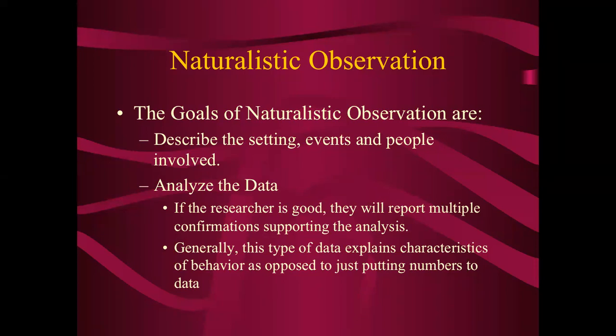Now, naturalistic observation is another observational strategy. Notice we're going to go into nature and take a direct look at what is happening, right? So we're not trying to alter what is happening. But when we go into nature, we stay there for an extended period of time, maybe 6 months, a year.